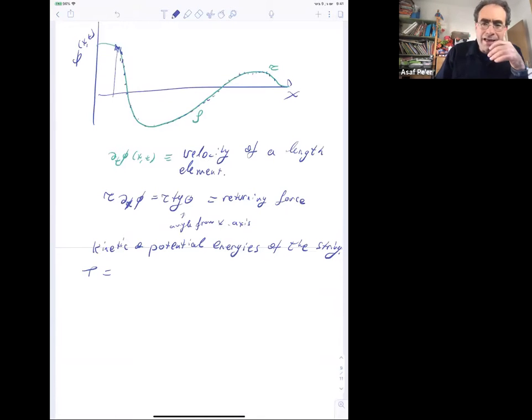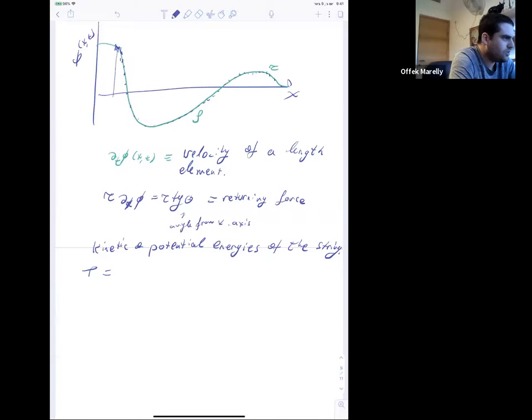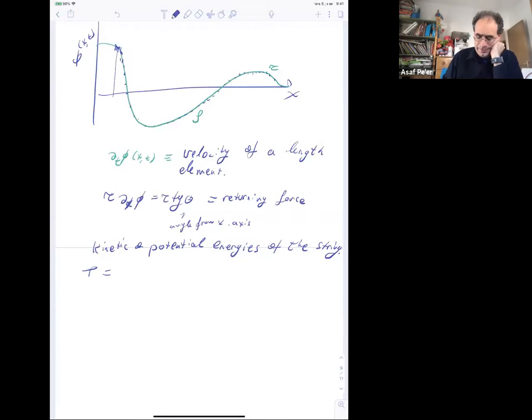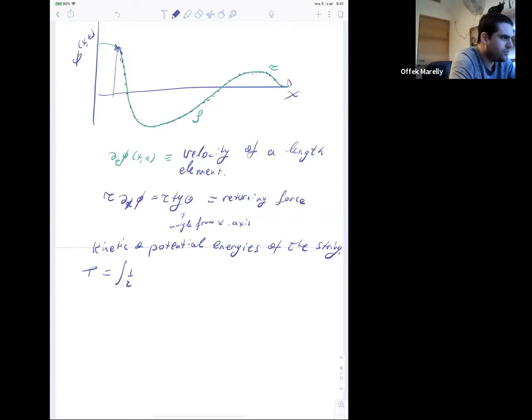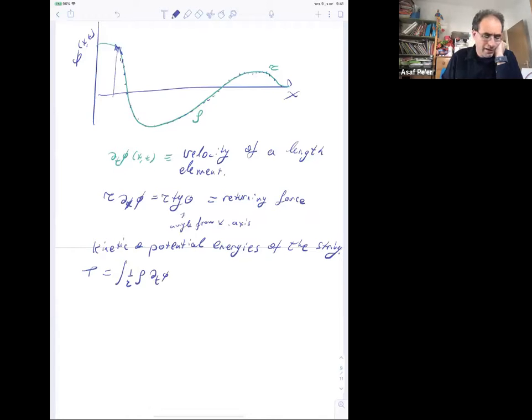So what is the kinetic energy here? You need to take an infinitesimal mass element, half and the velocity squared, and then integrate over everything. 1/2 rho dt phi squared, integrate over what?